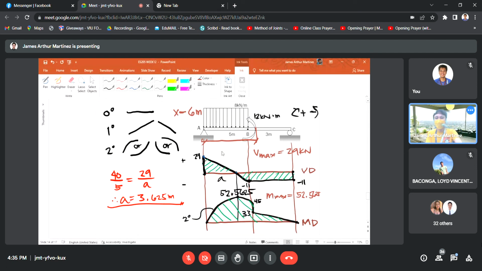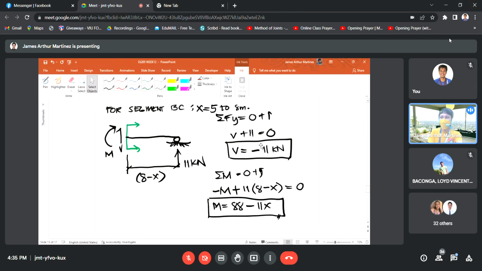Of course, 6 meters falls within segment B to C. So you will be using the equations of shear and moment for segment BC, then substitute the value of x, which is 6, so you can compute the magnitude of the moment at 6 meter distance.